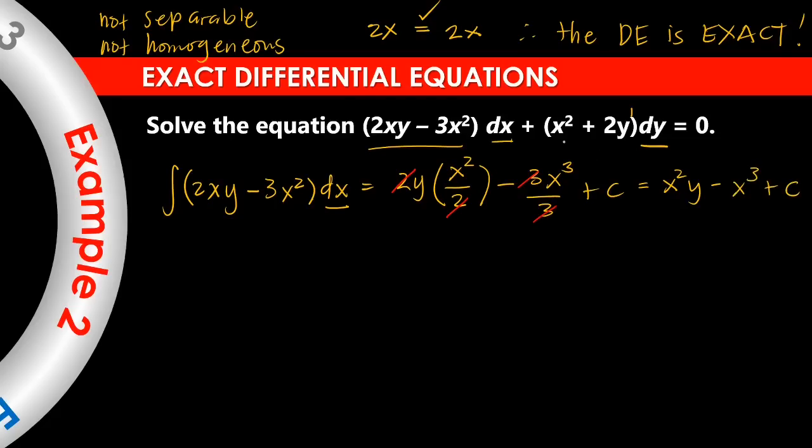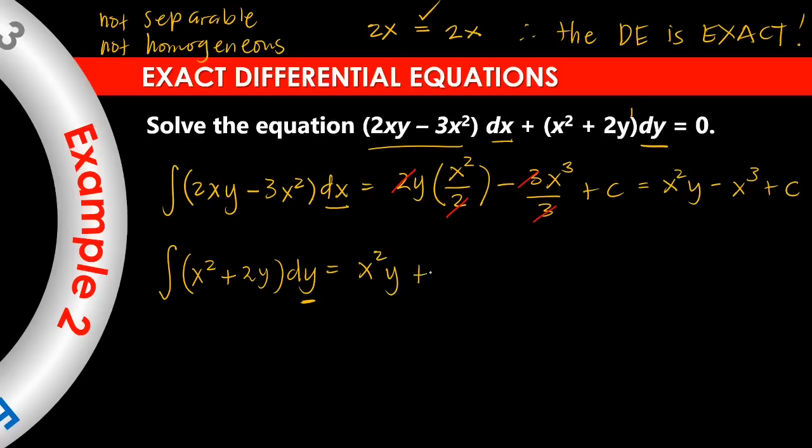Now, let's integrate the second part here, N of y dy. The integral of (x squared plus 2y) dy. Here, the variable is y because we have the differential of y. And thus, we will treat x whenever we integrate as a constant. So, pag integrate mo yan, yung x squared na yan, makakaroon lang siya ng multiplier na y.